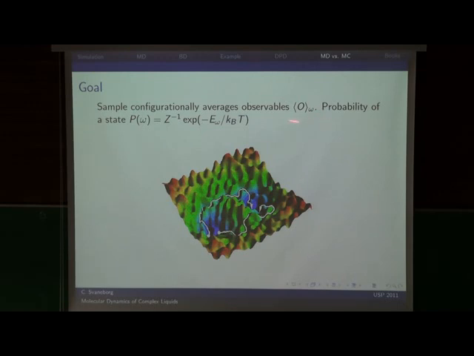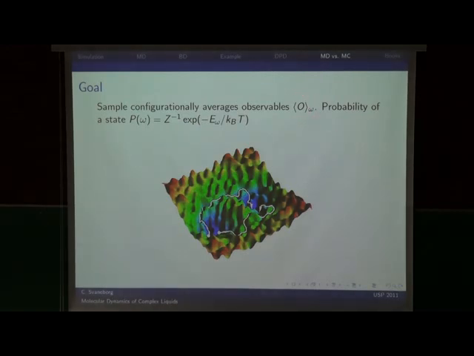From statistical mechanics, we know that a certain configuration appears with a probability given by the partition function to the minus first, times the exponential of the energy of that state divided by kBT. Monte Carlo simulations and molecular dynamics simulations are 2 different ways of generating such averages.